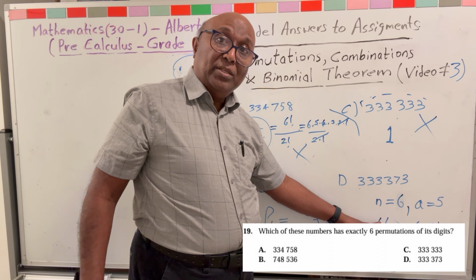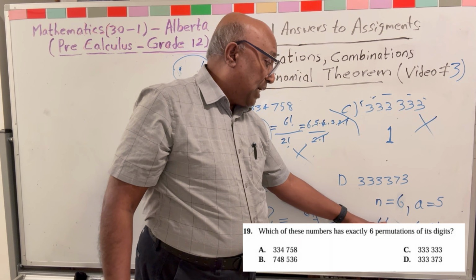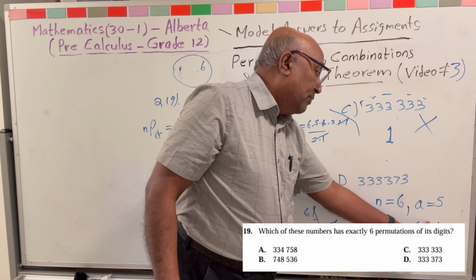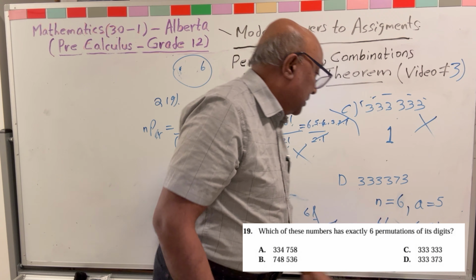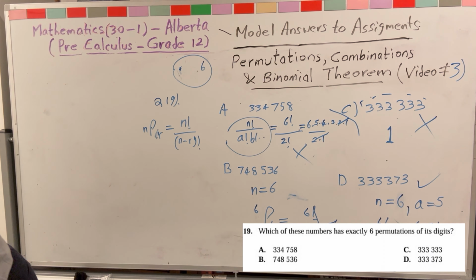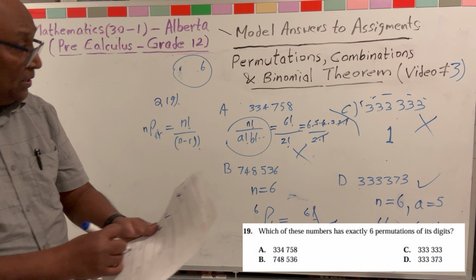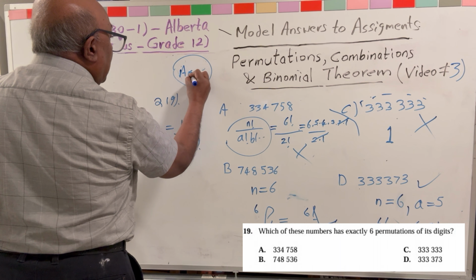Factorial 6 is 6 times 5 times and so on, but after 5 we can consider this as factorial 5. These two cancel. Now we get the answer of 6. This is the right answer. The right answer is option D.